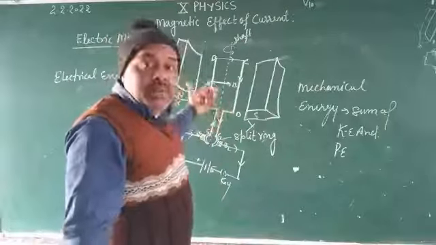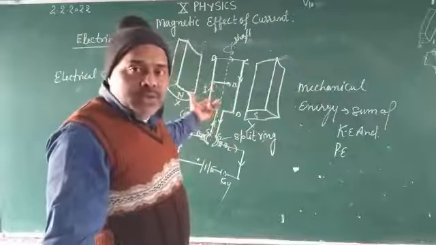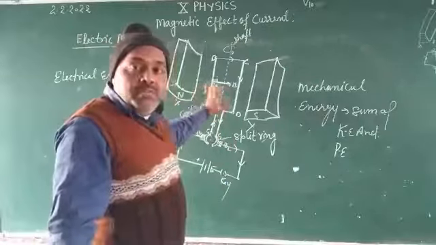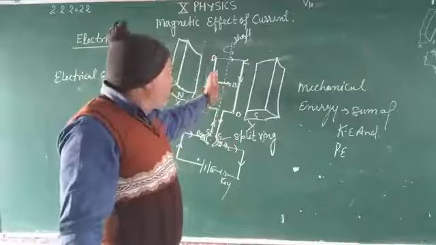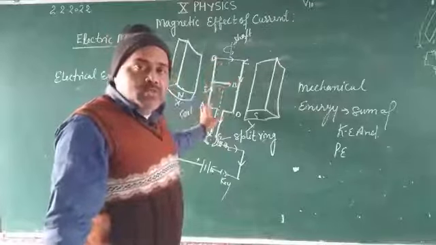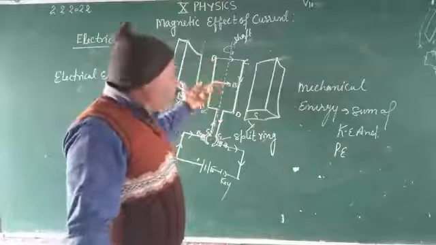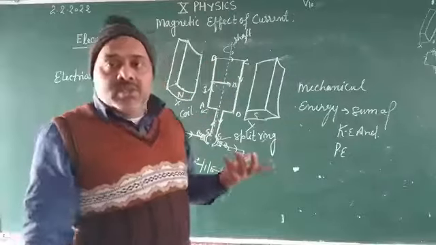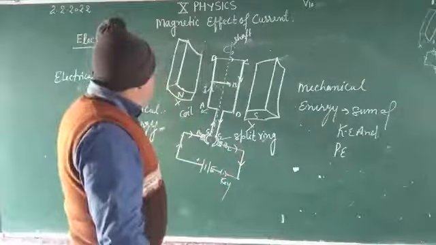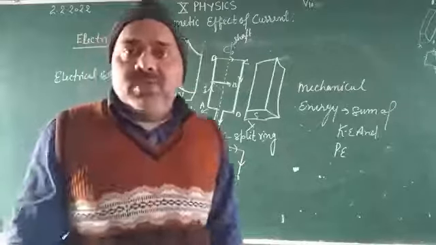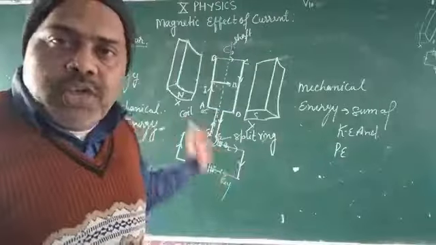Now EMF, electromotive force, is generated. By the action of force, it rotates, because the shaft is used in this coil, and when it begins to rotate, the mechanical energy is generated, because electrical energy is converted into mechanical energy by this device. It is called an electric motor.